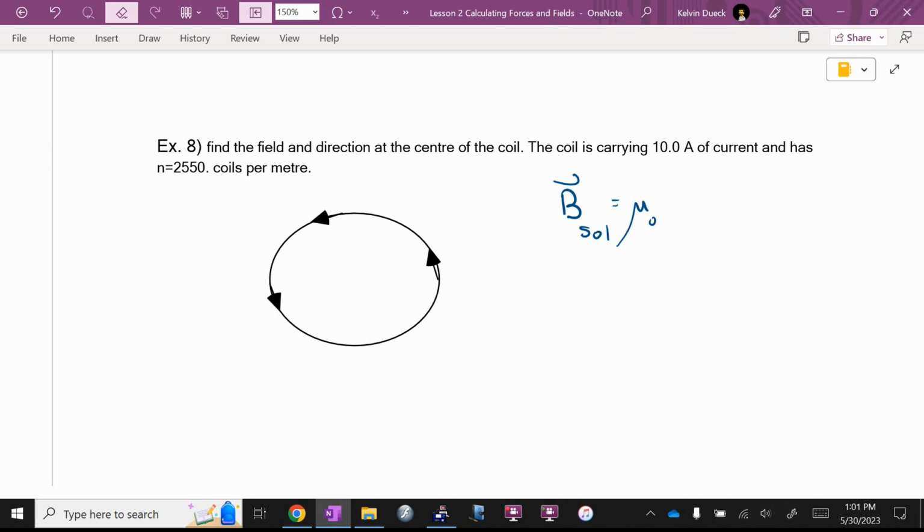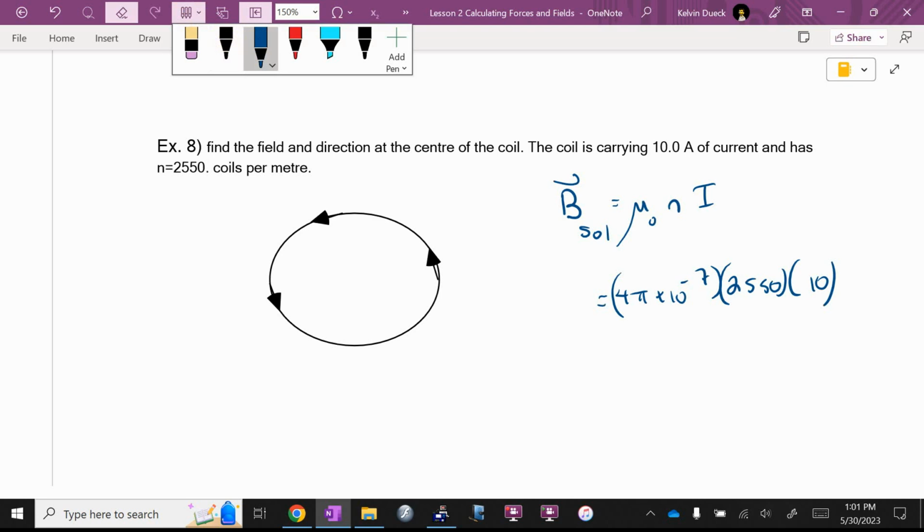No. Instead, they told me the number of coils per meter. This is that second industry version where it's going to be mu naught times little n times I, and little n is coils or turns or winds per meter. So it's going to end up being 4 pi times 10 to the negative 7, times 2,550 times 10. We'll do the direction next, but let's get the magnitude.